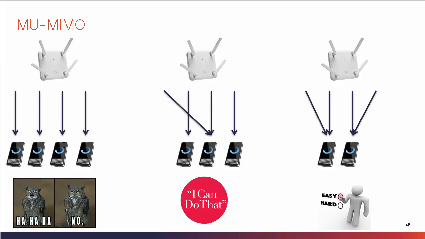The chances that you will have 4 stations somewhere in space in such a position that if you just send a stream out of each of your radio chains, it's going to fall perfectly for those stations, the first one getting stream 1 perfectly, the second one stream 2 perfectly, the third one stream 3, etc., without having any issue removing the noise from the others, is possible, but such a coincidence that it's very unlikely.